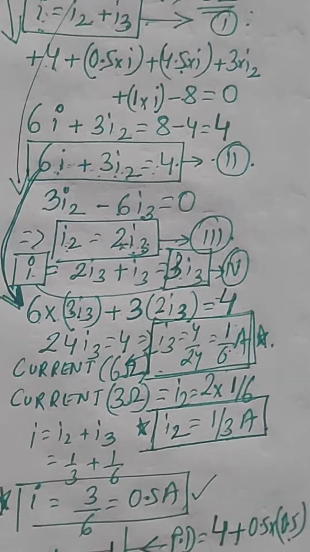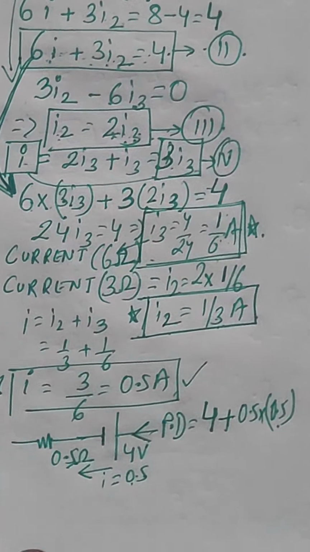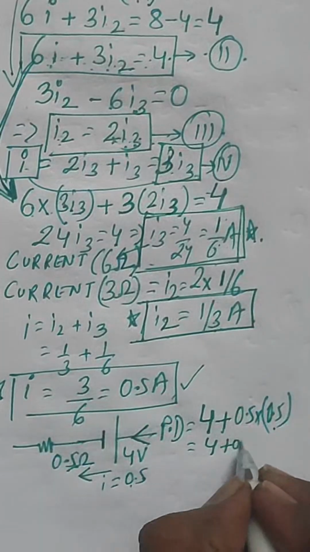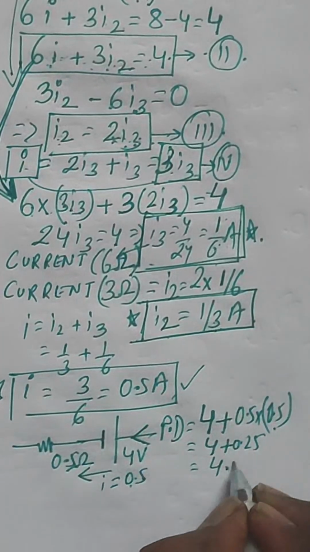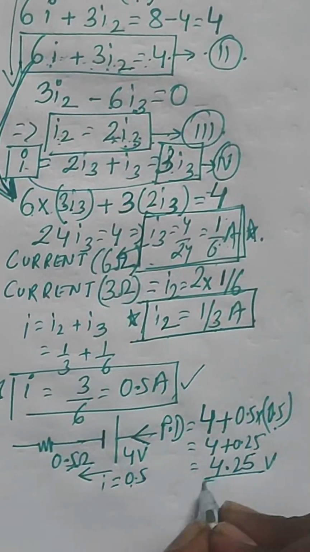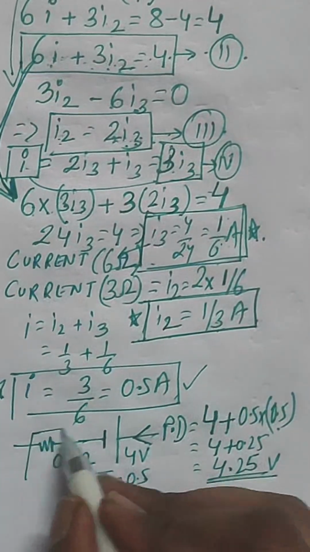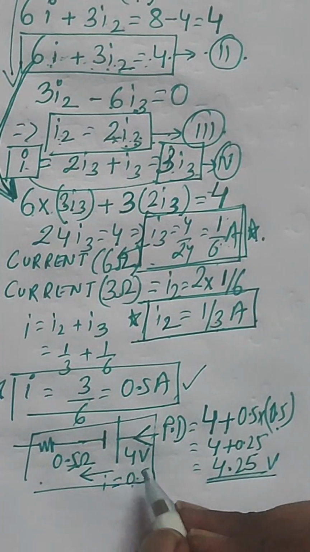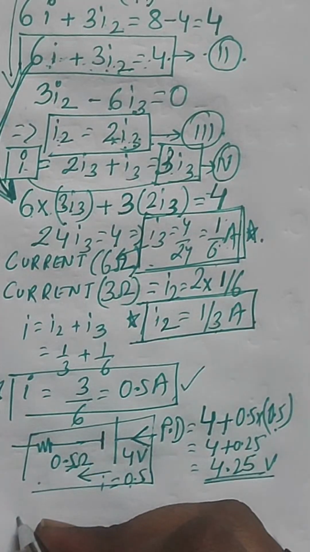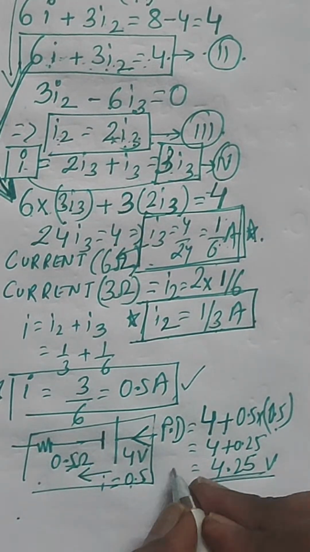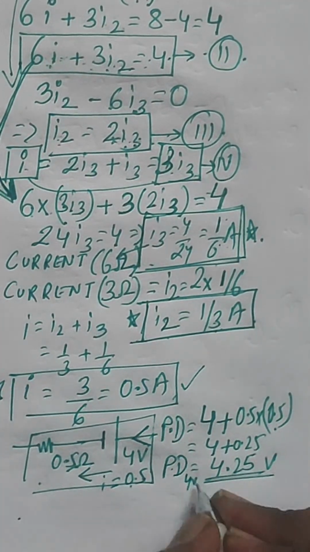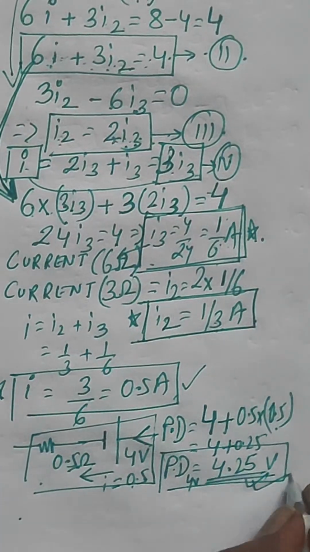So this will be giving you 4 plus 0.25, which is coming as 4.25. So 4.25 volt is the value of potential difference across this 4 volt EMF source. So PD for 4 volt is 4.25, right?